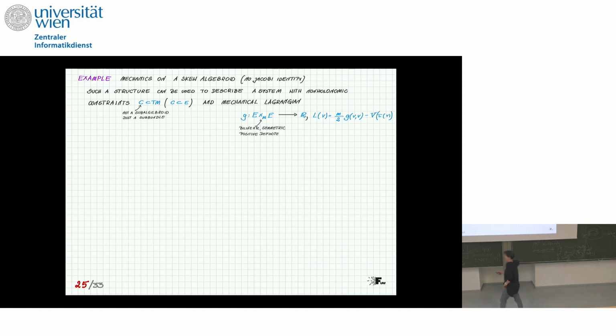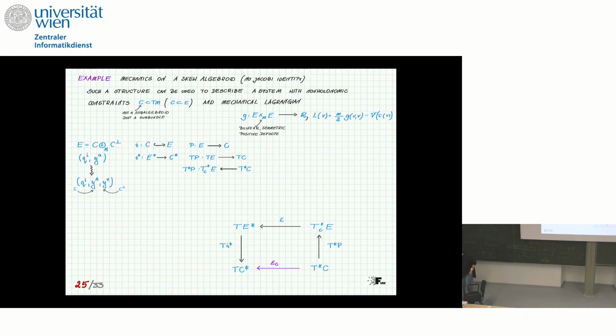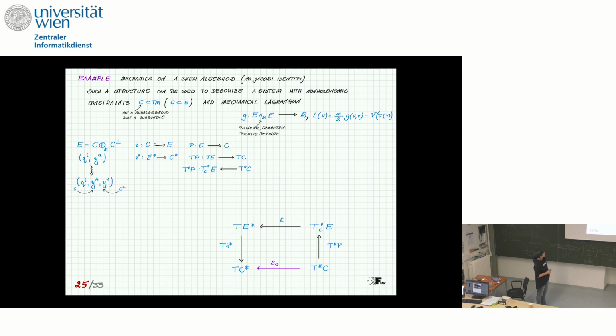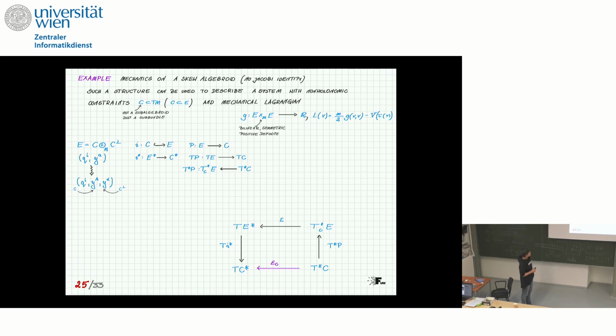So what we can do, we can in a sense start with this initial algebroid E and restrict it only to C. It means that we will need C embedded in E. If we have this embedding, then we have a projection from E star to C star that will be needed.